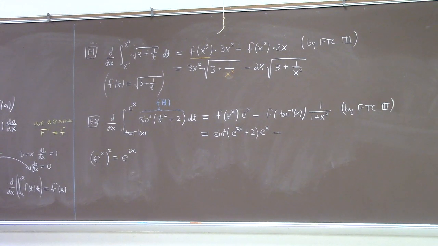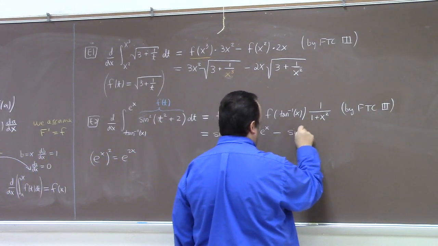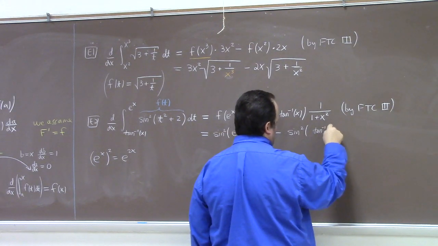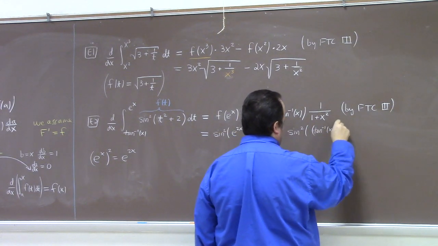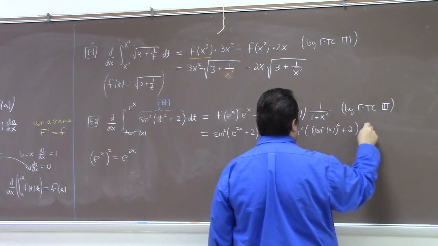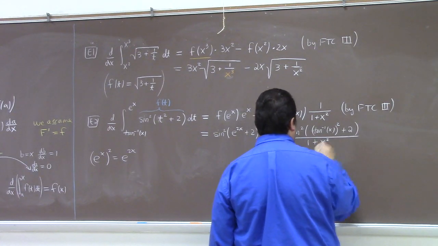So I plugged in t equals e to the x. Now I'm going to plug in t equals inverse tangent of x. So I do sine squared of inverse tangent of x quantity squared plus 2, all divided by 1 plus x squared. There you go.